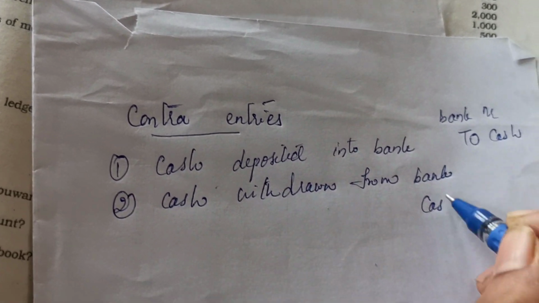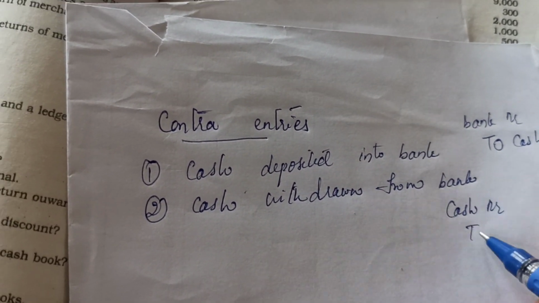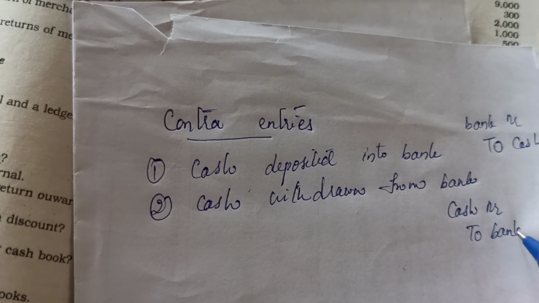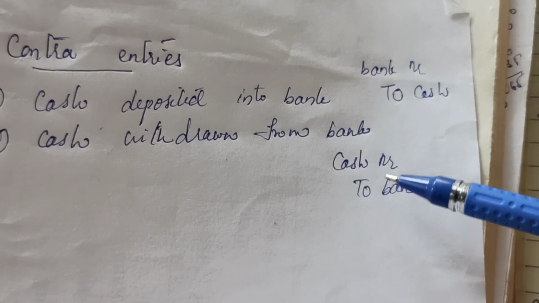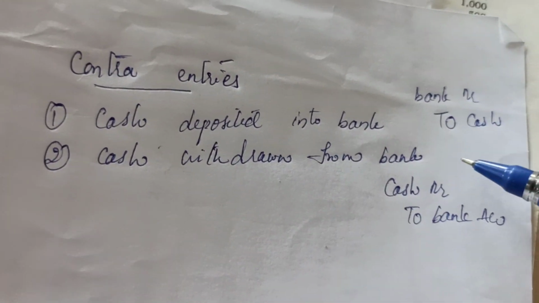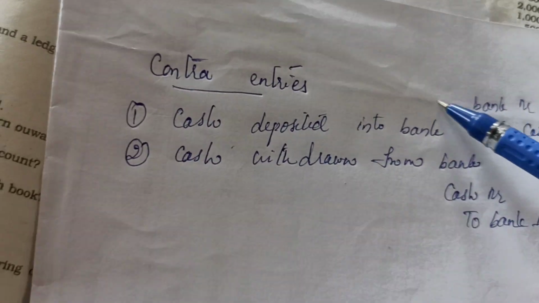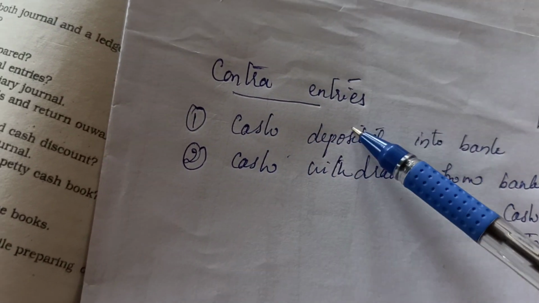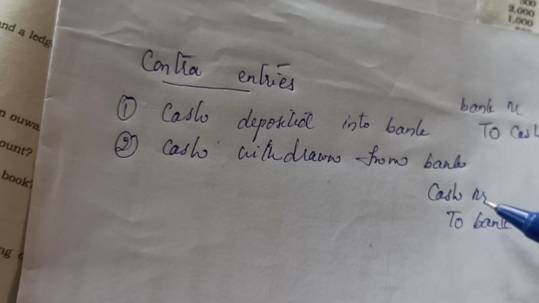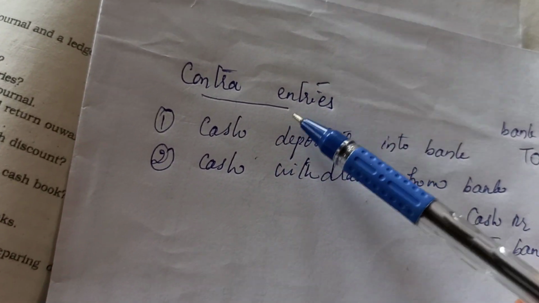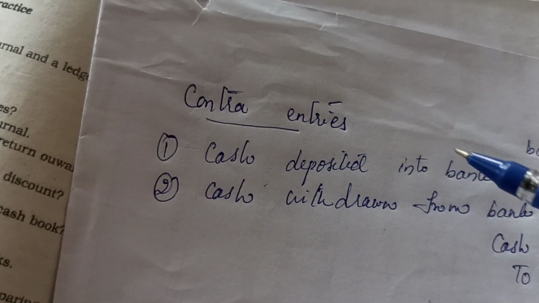At this time cash becomes the debit: cash account debit to bank account. Only in this circumstance, where debit and credit are only cash and bank, or bank and cash, do we call these entries contra entries. These entries appear on both sides of your cash book. That's why we call them contra entries.